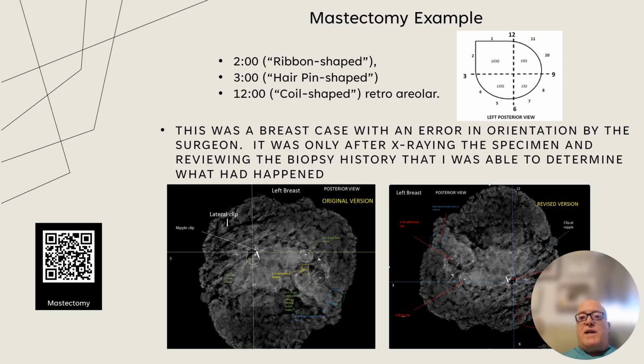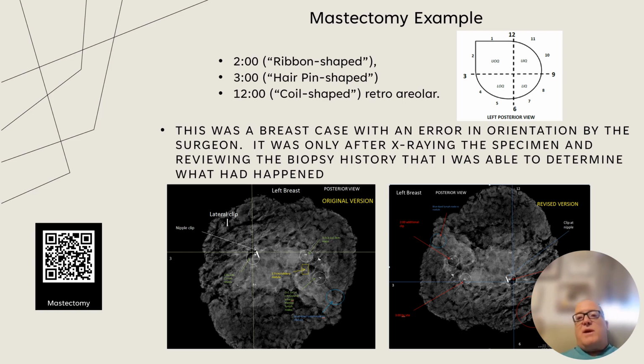Here's an example of a case where we got a mastectomy specimen. We radiographed it, and the markers were not in the correct places according to the history. When we radiographed the mastectomy, we figured out that the surgeon must have oriented it incorrectly.